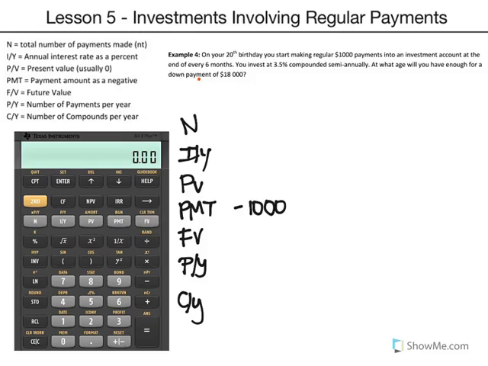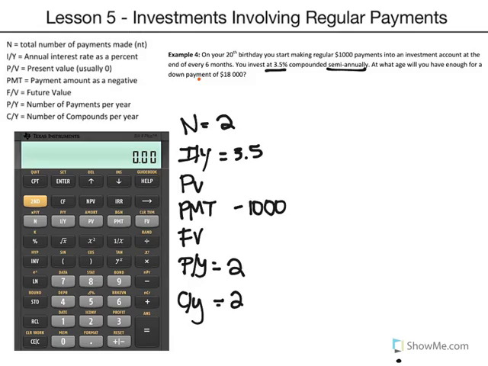And you're going to do this at the end of every 6 months, so you're making 2 payments a year. You invest at a 3.5% interest rate. And it's compounded semi-annually, so 2 times a year. At what age will you be able to make a down payment of $18,000?